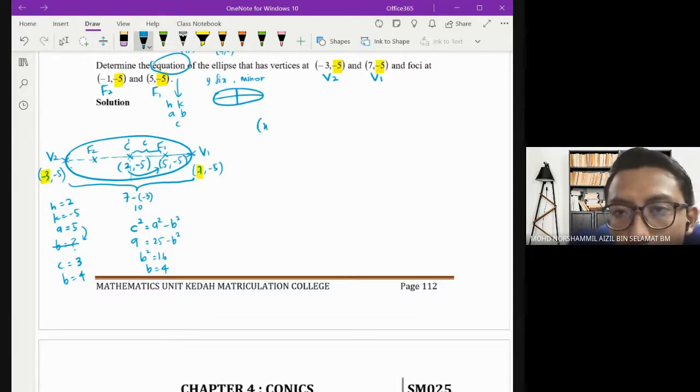The formula is X minus H altogether square divided by A square plus Y minus K altogether square divided by B square equals to 1. A dengan B jangan terbalik.